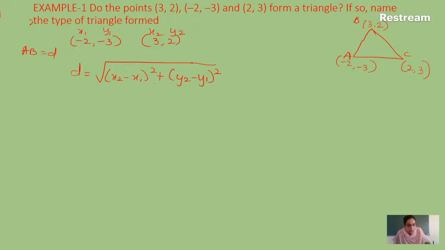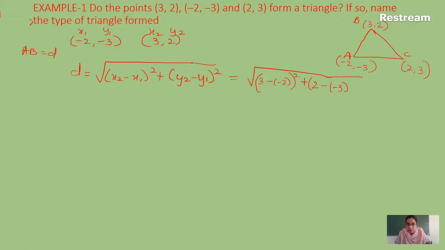After this, just substitute here: root of x2 means 3 minus x1 which is minus 2, better write once again with bracket, whole square, plus y2 which is 2 minus y1 which is minus 3.